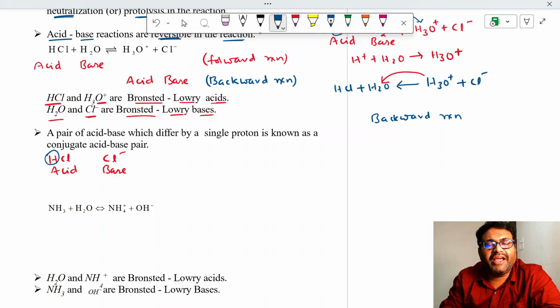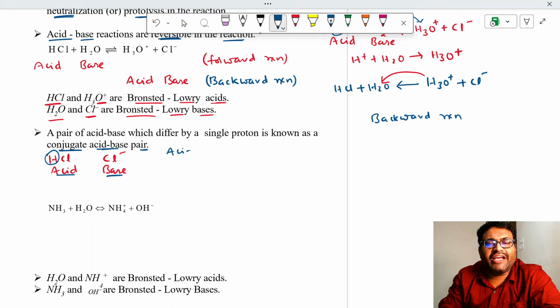So acid and base form a pair of species, one is acid, another is base. These acid and base differ by a single proton. Such a pair of acid and base is called a conjugate acid-base pair.